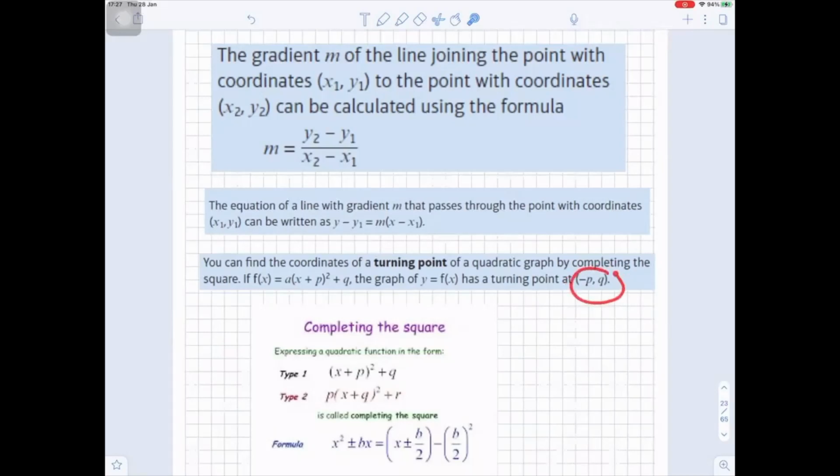So very important, the ones I've circled, we're going to use them to do this question. And when you complete the square, p bracket x plus q all squared plus r is the same like this. This just shows you the way to complete the square. So we need all these ideas to do this question.